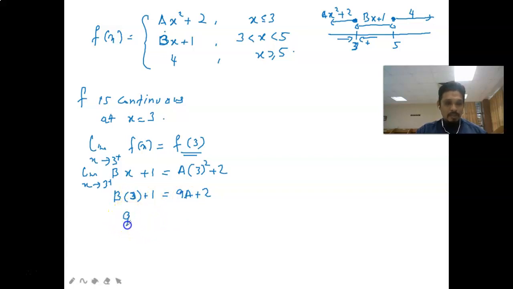Simplify this, I get 9a minus 3b equal to negative 1. Equation 1.